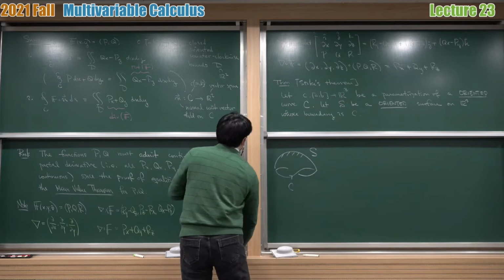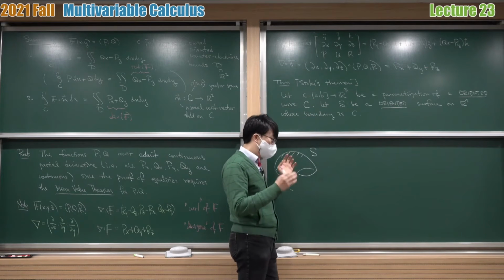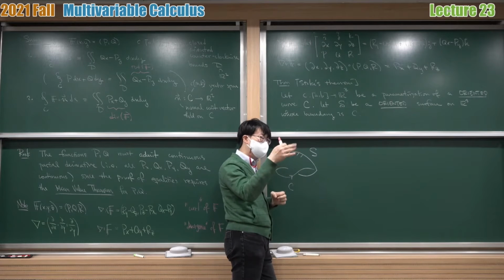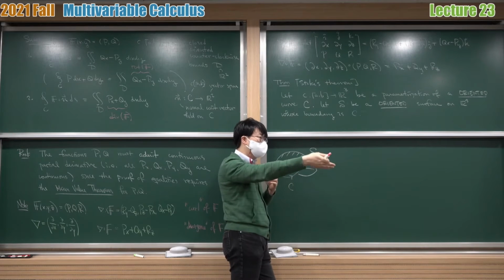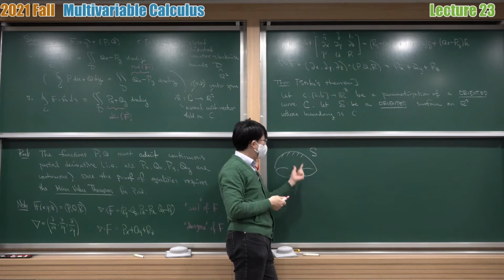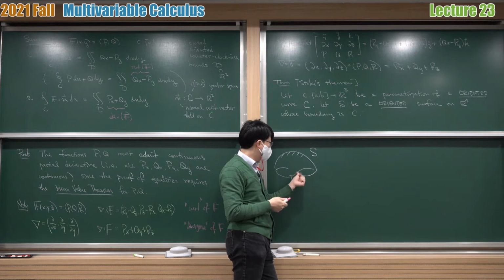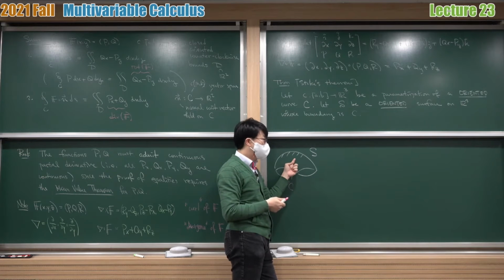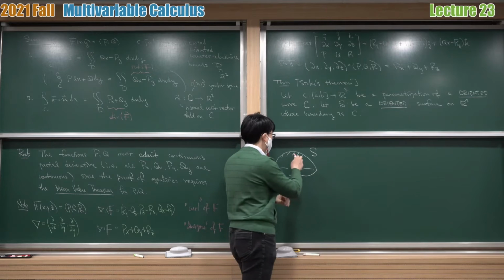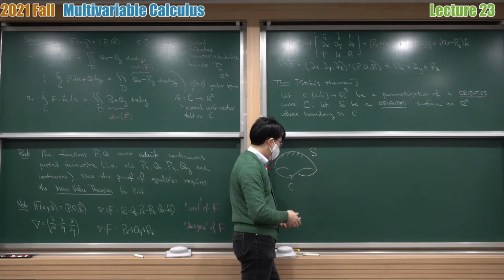But in Stokes' theorem, you have to fix your orientation of a surface. I mean that orientation is the normal direction to the surface, given in a continuous way. Since we have an orientation of a curve, the orientation of the surface, which applies to Stokes' theorem, is fixed.